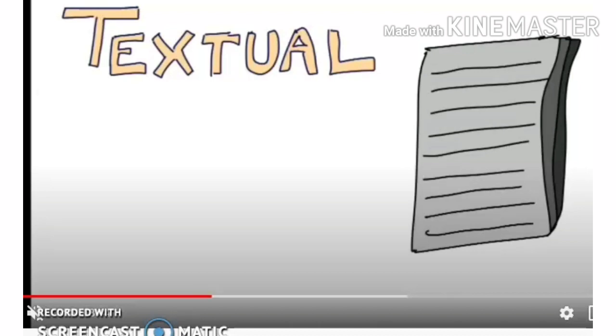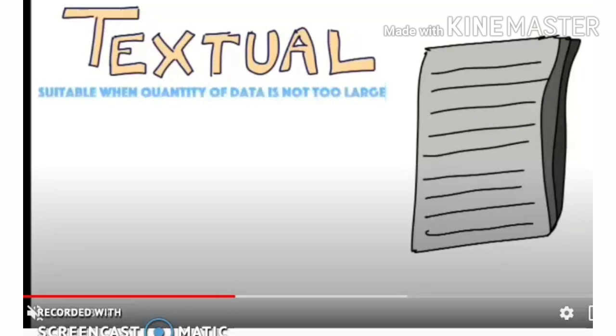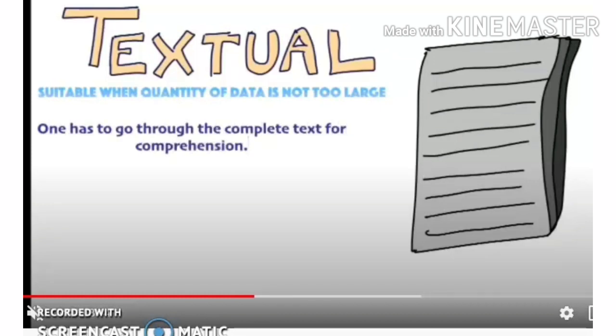It is a complete text for comprehension, and at the same time it enables one to emphasize certain points. It is suitable when the quantity of data is not too large, and one has to go through the complete text for comprehension.